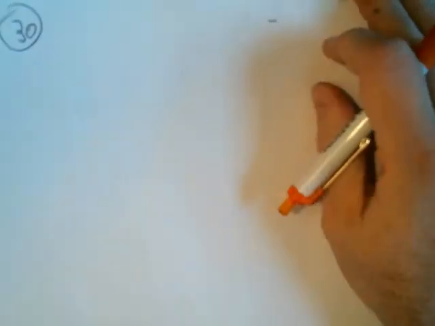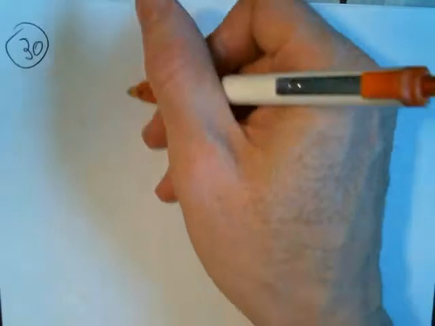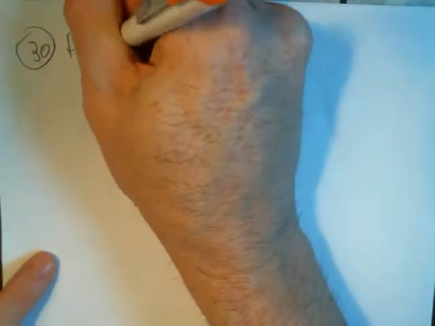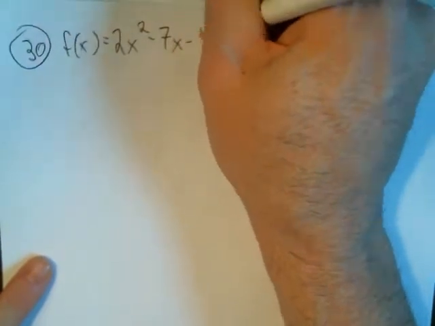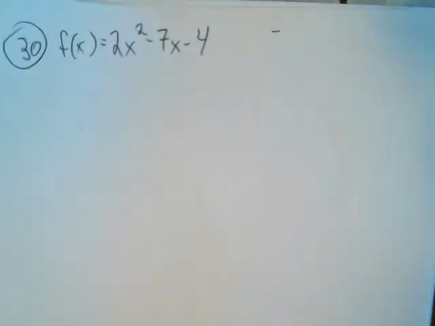Problem 30 is a little more work because we have to complete the square. Let's see what we have going on here. We have f of x equals 2x squared minus 7x minus 4. It's not in our vertex form. The book wants you to do that.